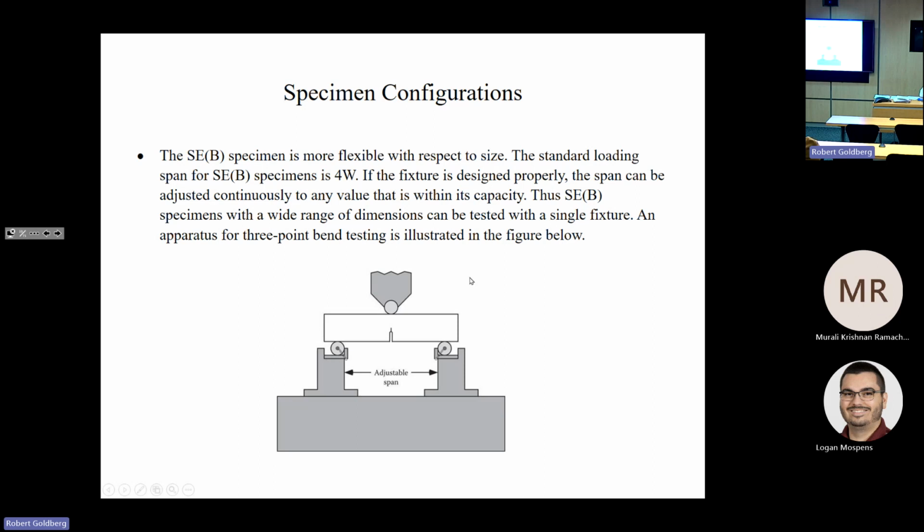Therefore, single edge bend specimens with a wide range of dimensions can be tested with a single fixture. You can see here below in this cartoon that the constraints on the bottom for the 3-point bend, you can move these in and out depending on your load that's applied to make sure that you stay within the capacity of the load machine.